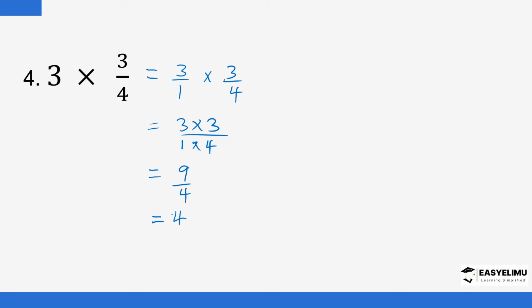What that means is that further addition of 4 will lead to a number that is more than 9. You stop. You look for a number that you can add to make it 9. So we add 4, so that is 8. If you add another 4, that will be 12, more than 9. So we only add 1. So each of them is divided by 4. So this is 1 plus 1 plus 1 over 4, which is 2 and 1 over 4.